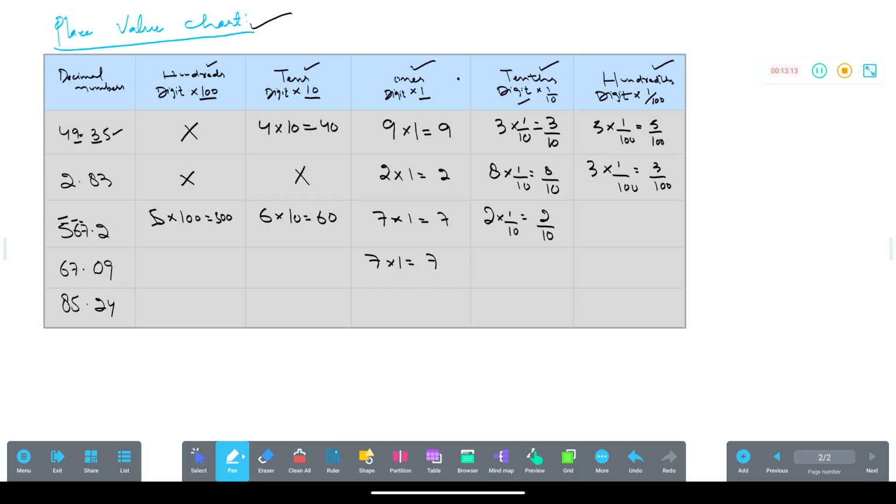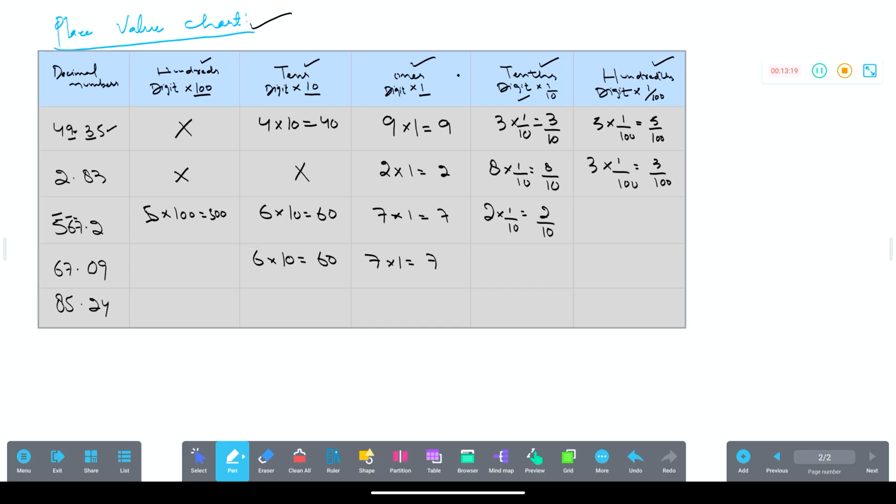Tens place पे 6 है, it will be 6 into tens place पे 10 होगा value, 6 tens are 60. Now, hundreds place, we don't have any number, keep it cross. After decimal point is 0, 7. So tens place, after decimal point, उसके बाद 0 आ रहा है. Point के बाद जो पहला दिख रहेगा, that's a tenths place. It is 0 into 1 upon 10.